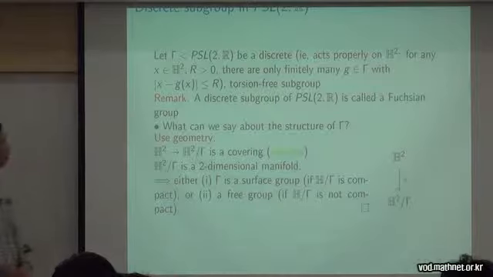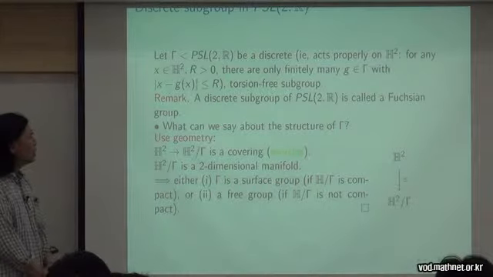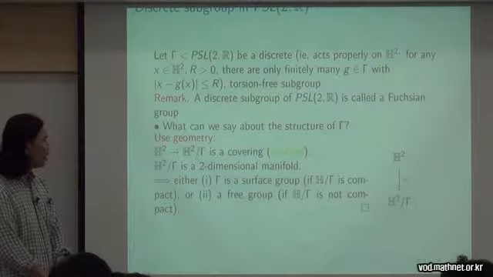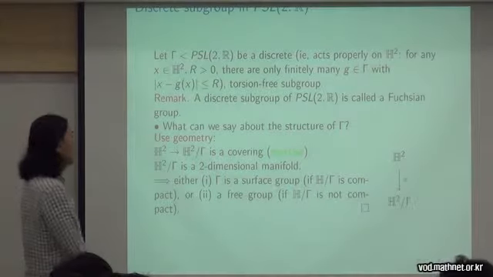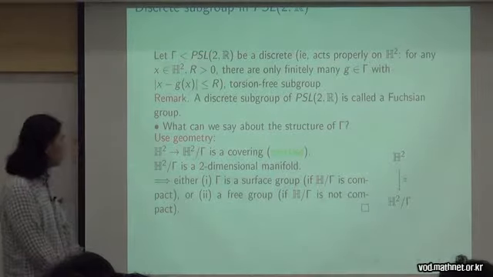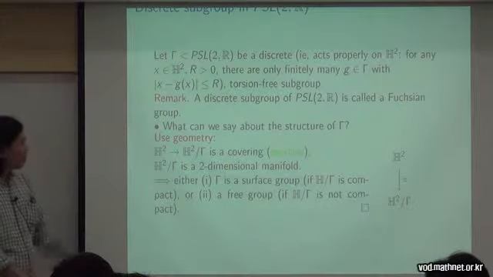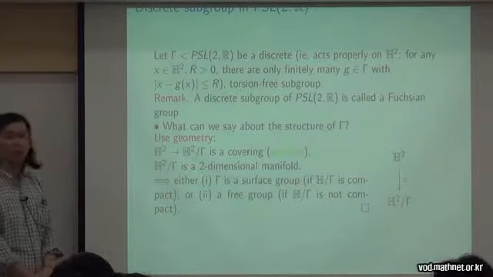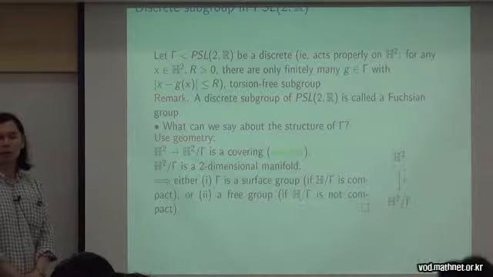Therefore, you get an oriented manifold in the quotient, compact, so it's a surface. And the pi1 of the surface is called the surface group. Now you use a theorem from covering theory saying that this deck group gamma is isomorphic to the pi1 of the quotient. So in conclusion, your gamma is a surface group.